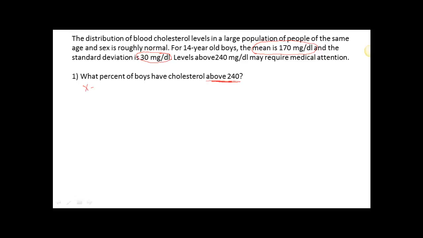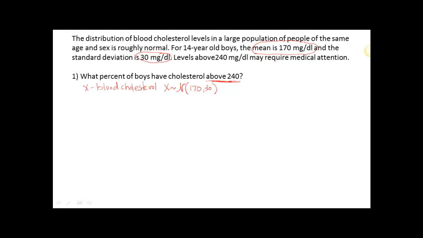So X, the variable that we're measuring here, is blood cholesterol. And they tell us that these blood cholesterol levels in 14-year-old boys follow a normal distribution with a mean of 170 and a standard deviation of 30.